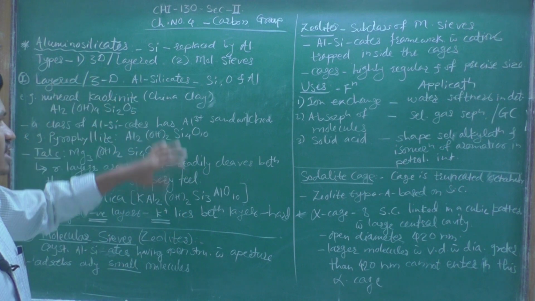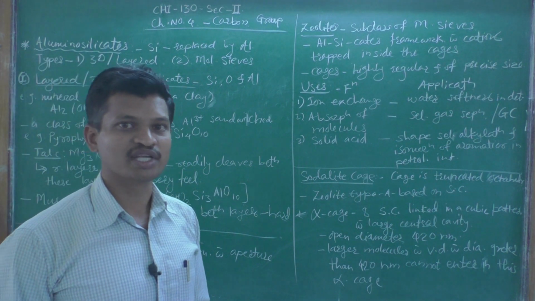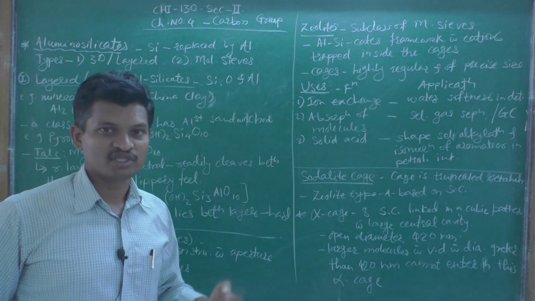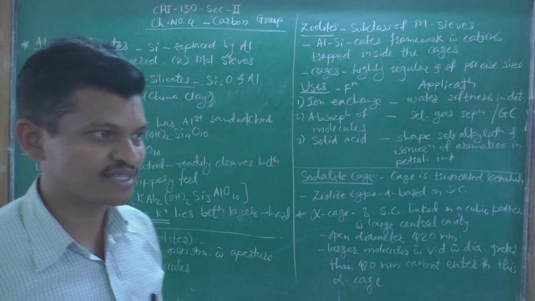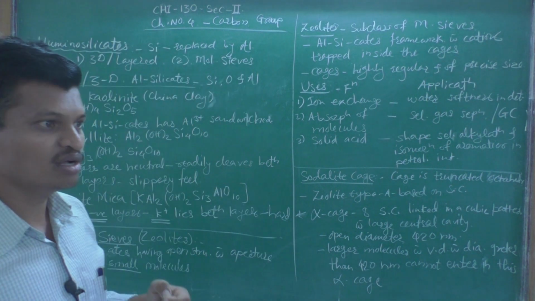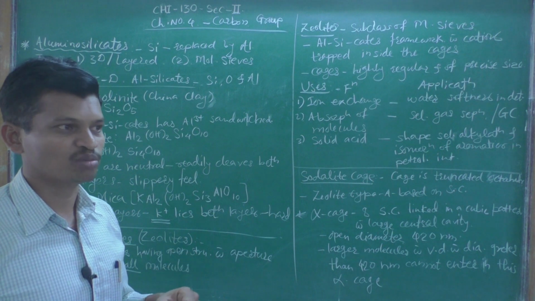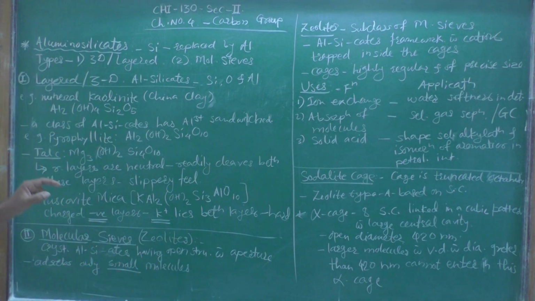These three-dimensional aluminosilicates consist of silicon, oxygen and aluminum as the main elements or important constituents.